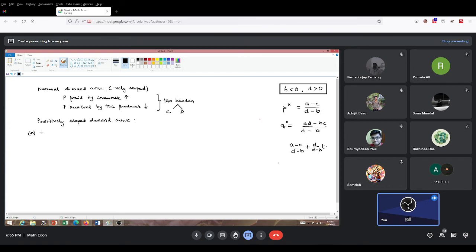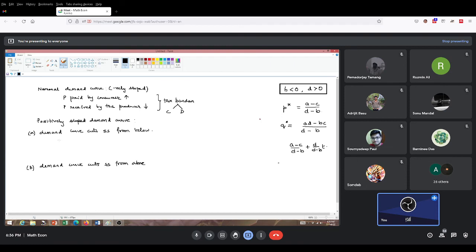One situation is the demand curve cuts supply from below. This was the case that we had discussed before at the start. And then the last case, the demand curve cuts the supply curve from above.